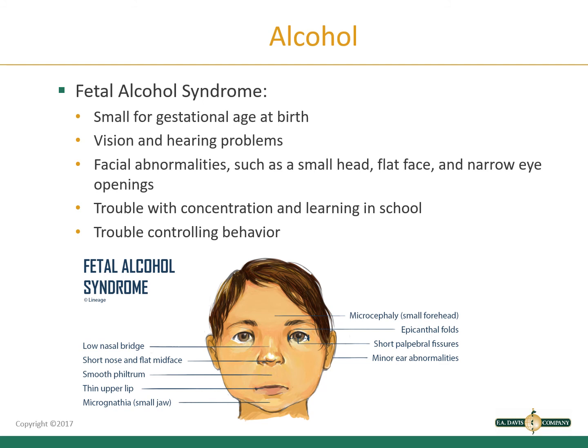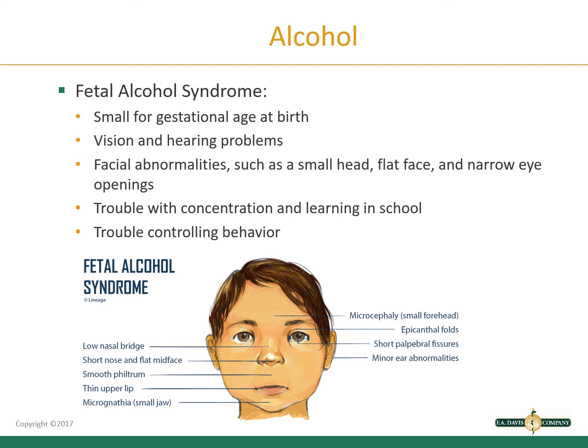This can lead to things like small for gestational age at birth, vision or hearing problems, facial abnormalities like a small head, flat face, and narrow eye openings, trouble with concentration and learning in school, and trouble controlling behaviors.